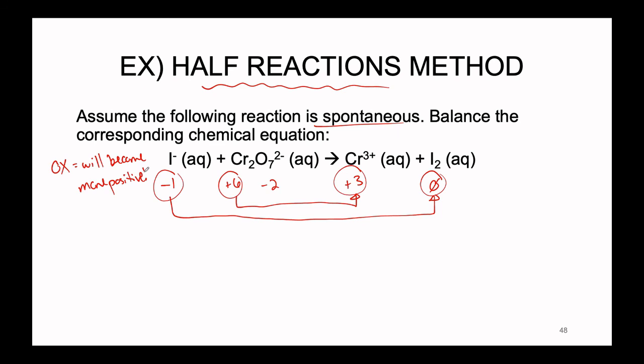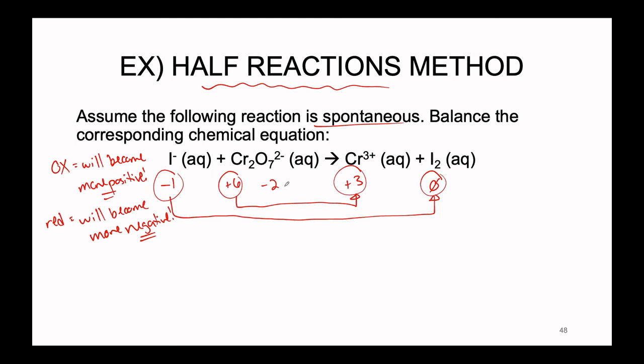And if something's losing electrons, it has to be gaining positivity. The species that is undergoing the reduction reaction will become more negative. And that is because in order to undergo a reduction reaction, you are gaining electrons. And gaining electrons means that the species is becoming more negative.